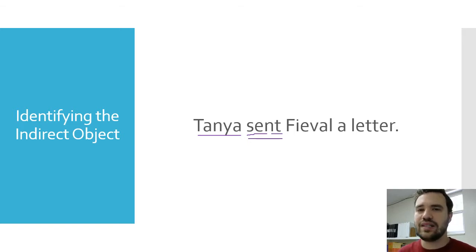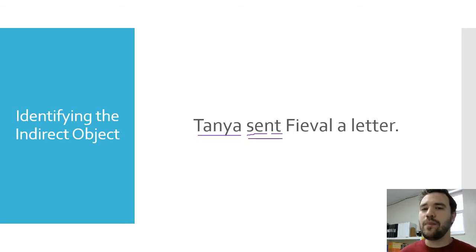Now, this is where it gets a little bit tricky with indirect objects in the sentence, because the indirect object usually comes before the direct object. So our first response on reading this sentence and saying Tanya sent whom or Tanya sent what might be to say Tanya sent Fievel, because that's what comes immediately after the verb.